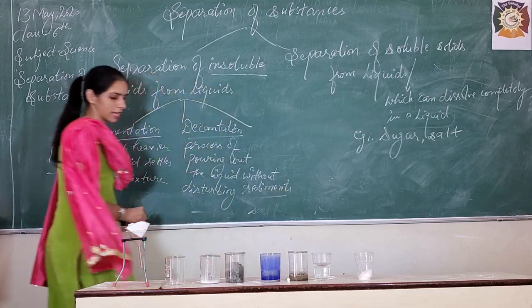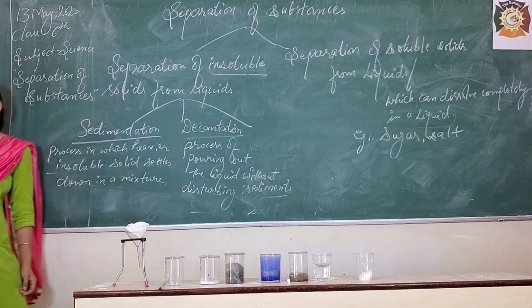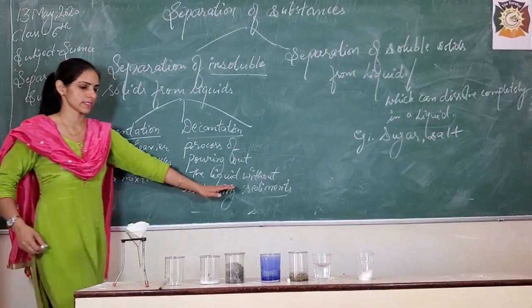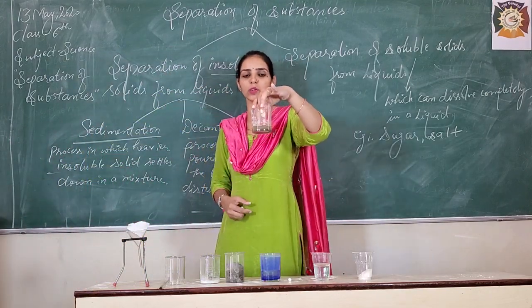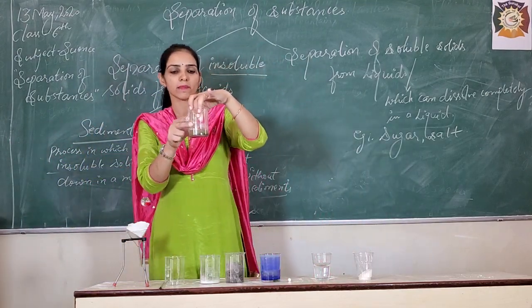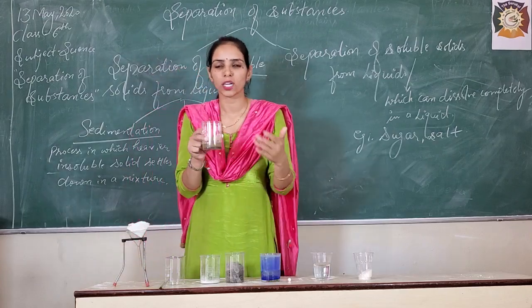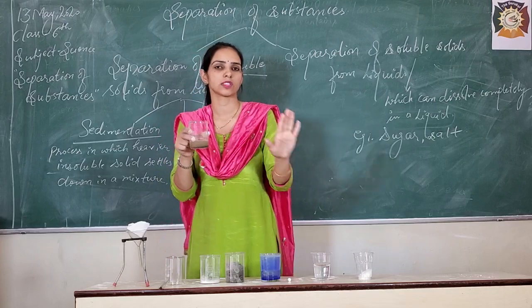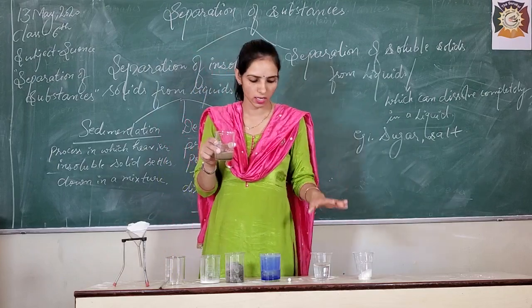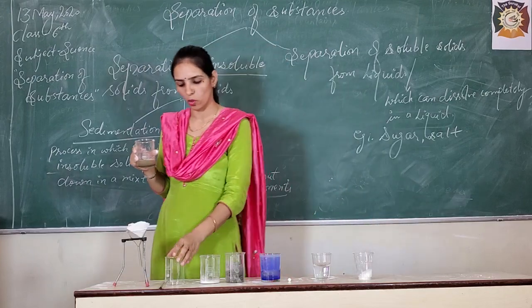That means without disturbing this sand, the water will be more clear. It will take more time. If we keep it for some more time without disturbing, then this water will be more clear.